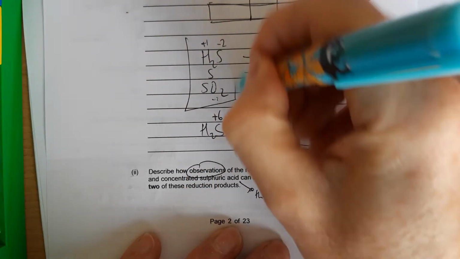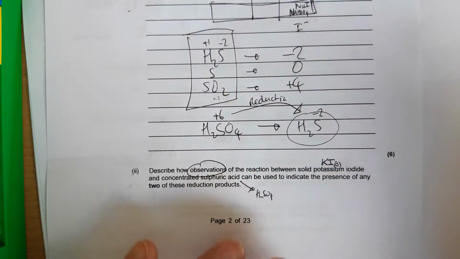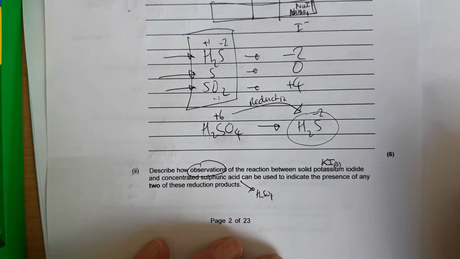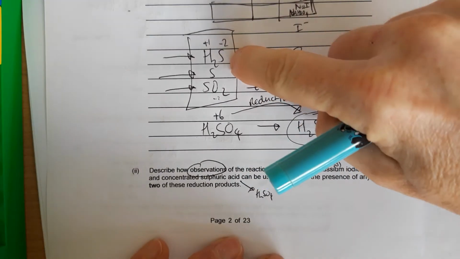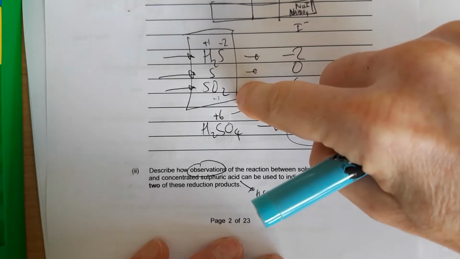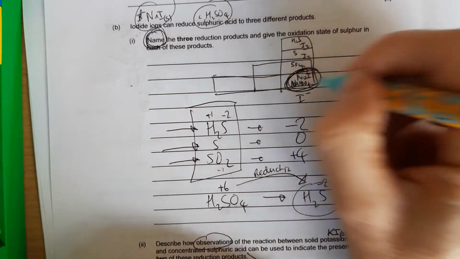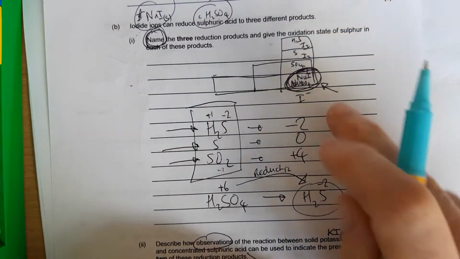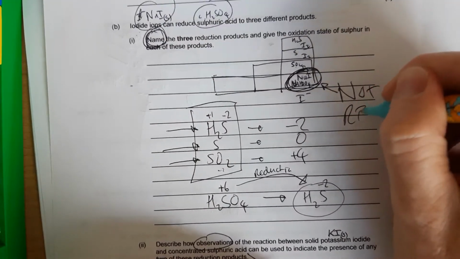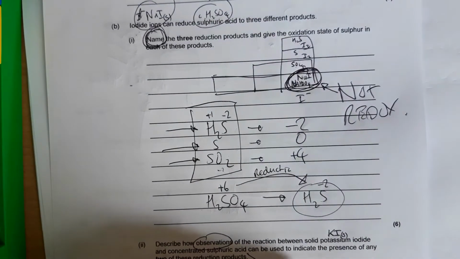What observations will prove that these things are produced? Can you remember the observations? Eggy smell, yellow solid, choking gas. You are not allowed to write about these as reduction products, because remember this first row. So if you write misty fumes, you'll get that question wrong.